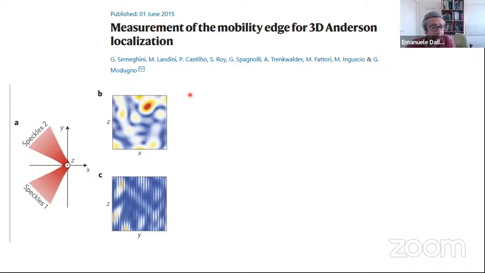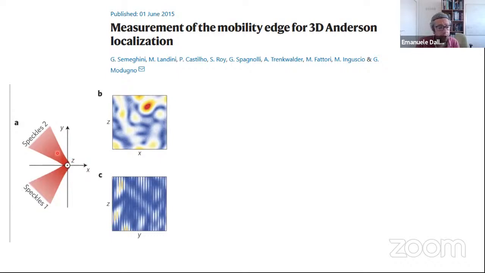First, how do you create these potentials? This is shown schematically here. There are 2 laser fields, realized by passing light through a piece of glass that creates a speckle.